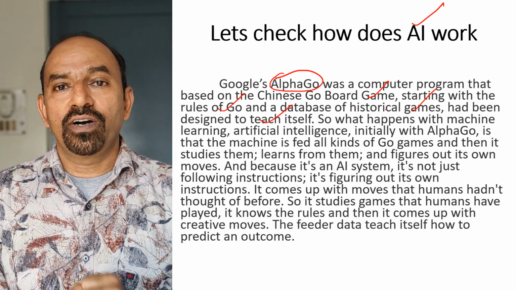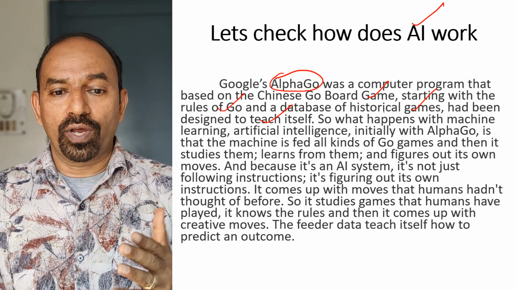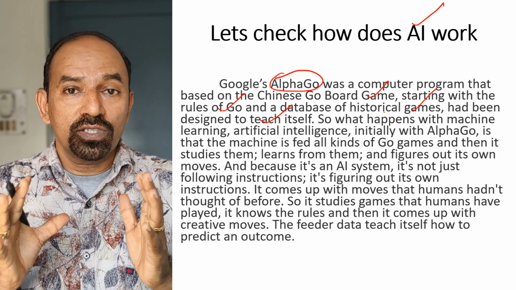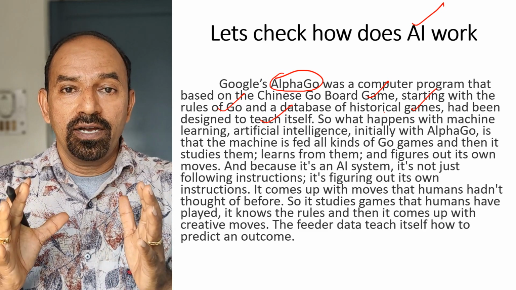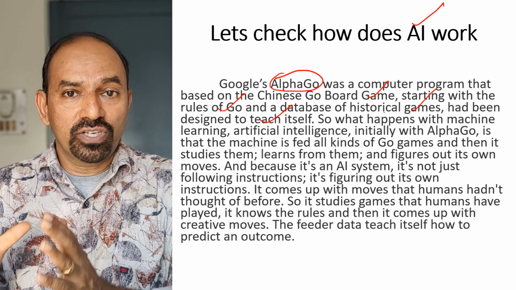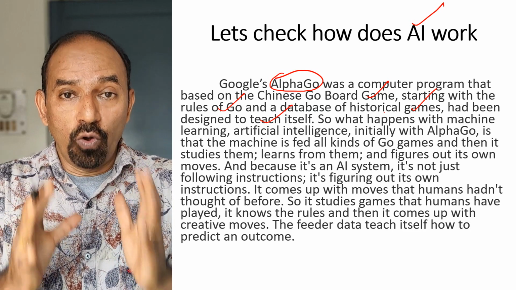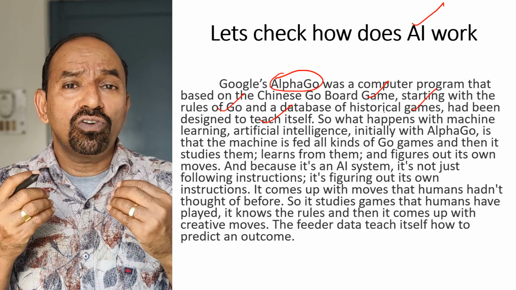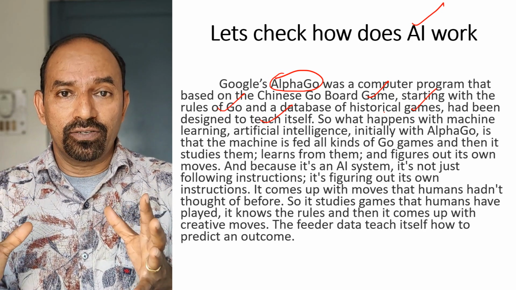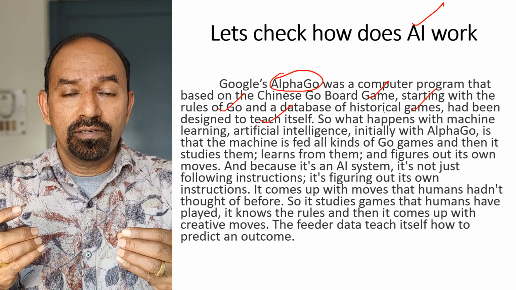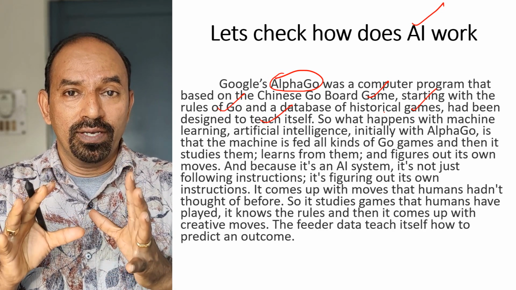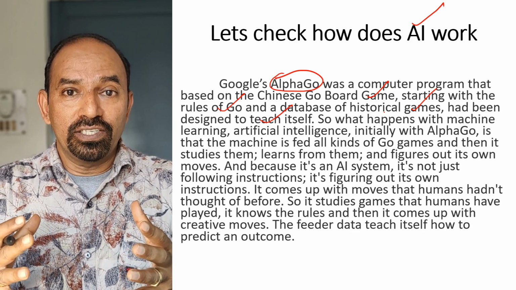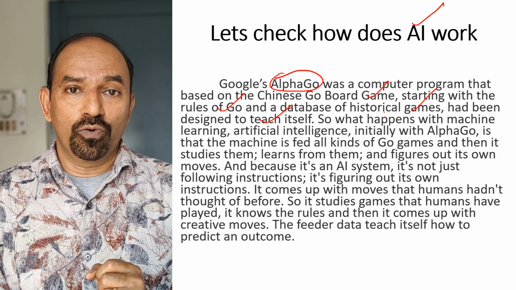So this AlphaGo, a computer program based on a Chinese game from around 4,000 years back, which countries like China, Korea and Japan used to play, provides a lot of movements for the players. Millions of movements you can make on the board. Something like a chess board, but with more probabilities and possibilities for movement than a chess board.